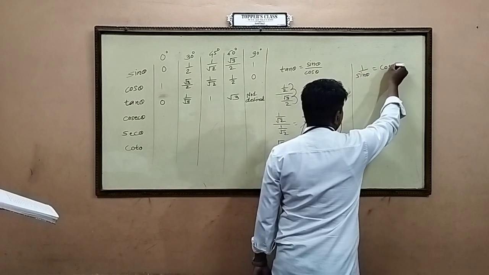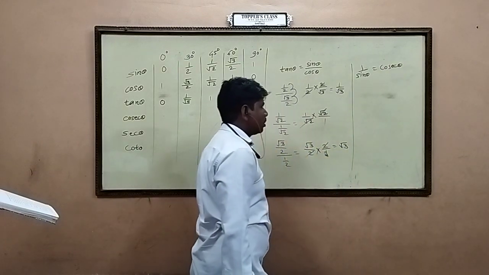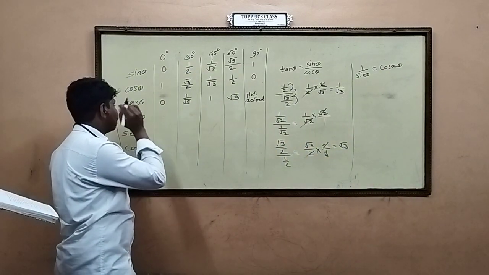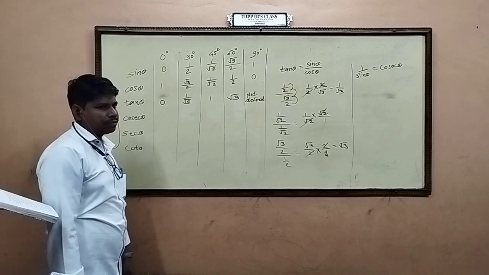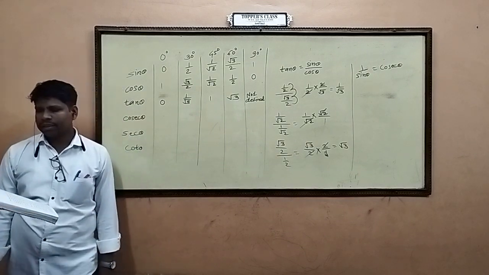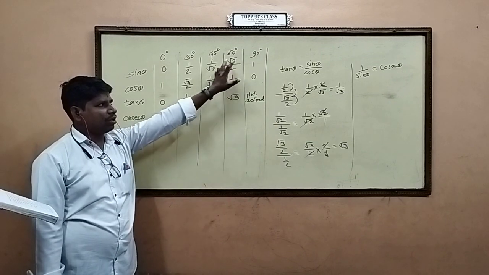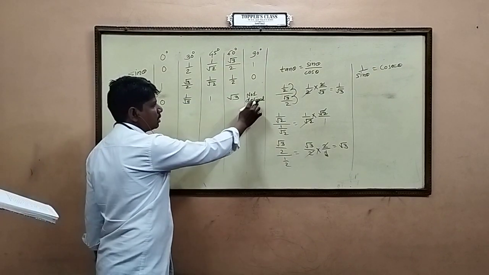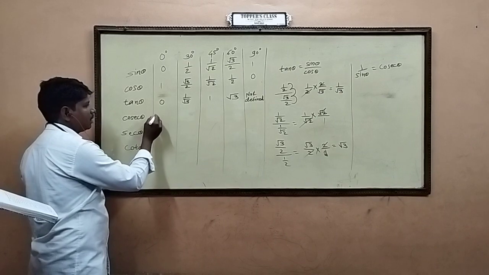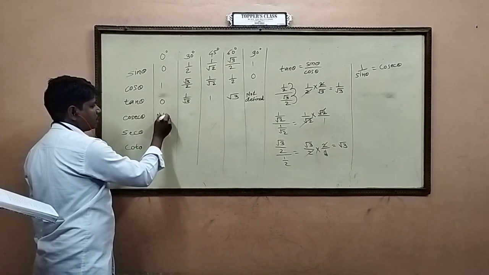So the first value is 1 upon 0, which is not defined. You can write here not defined.